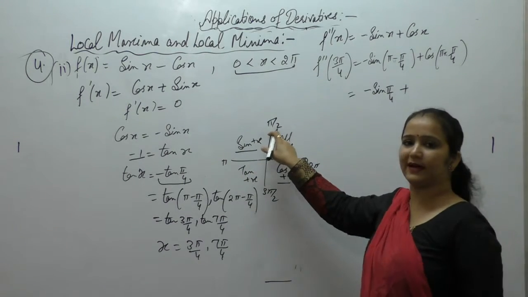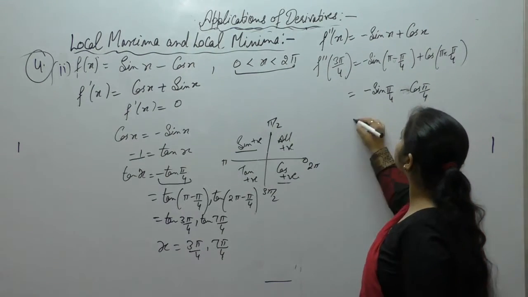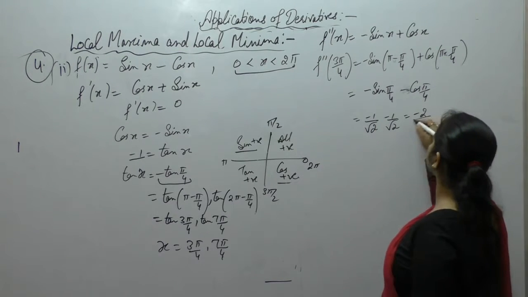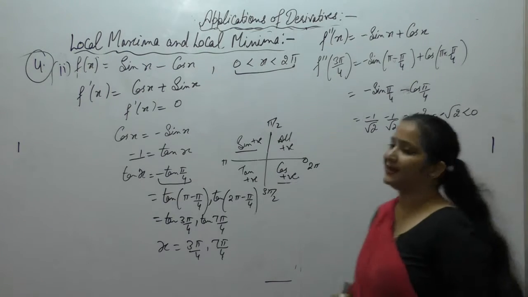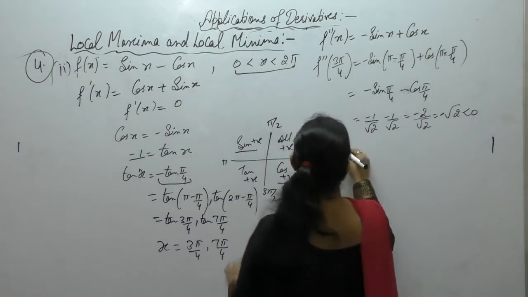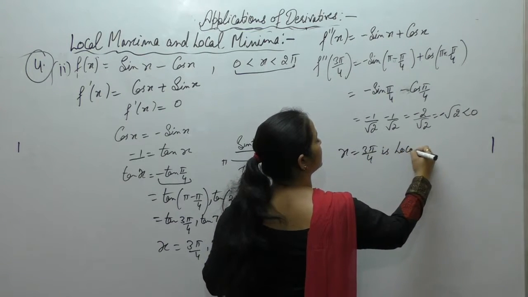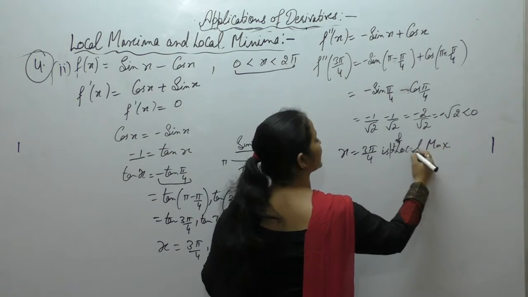Cos of 180 minus is negative, so minus cos pi by 4. Sin pi by 4 is 1 by root 2, so minus 2 by root 2, that is minus root 2. Less than 0, it means this is the point of local maxima.